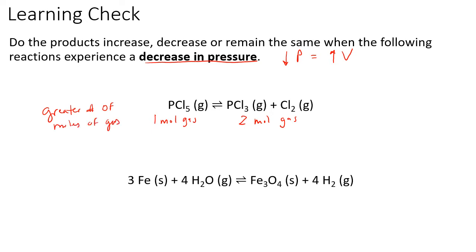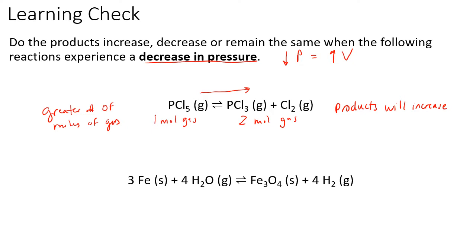So in this case, our reaction will overcome that stress by shifting towards the PCl3 and the Cl2, or towards our products. So do the products increase, decrease, or remain the same? In this case, the products will increase when we have a decrease in pressure.